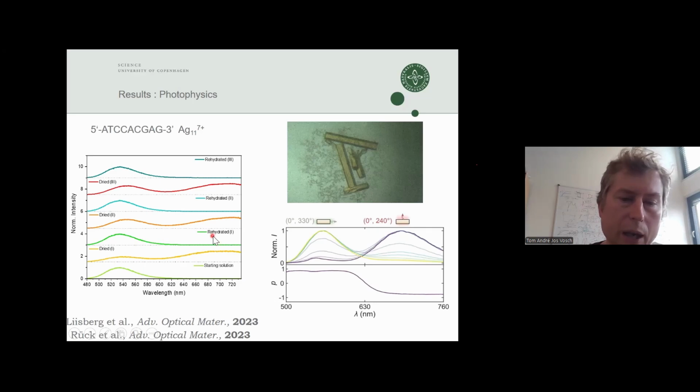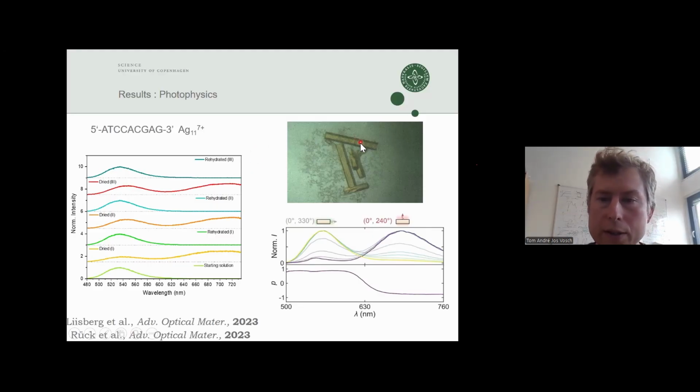If we then rehydrate the dried up droplet, so we add again water, it reforms the same fluorescence as we saw initially. And we can repeat this process many times, showing that the observed emission is sort of dependent on the hydration level of this particular cluster.